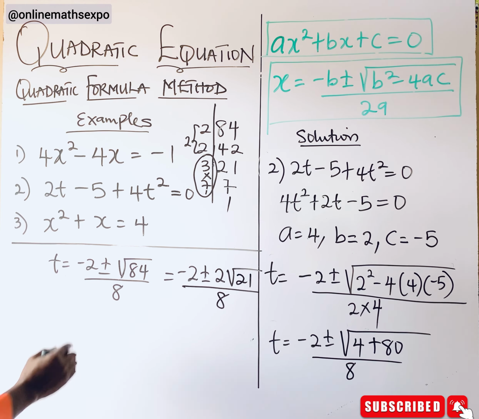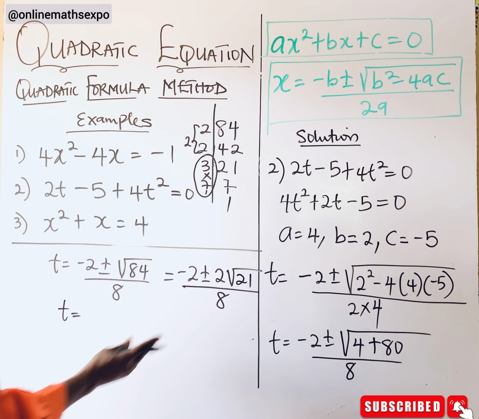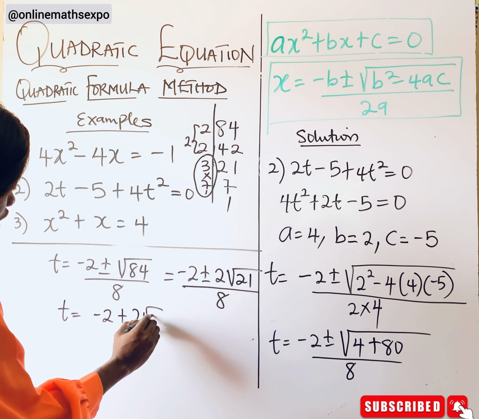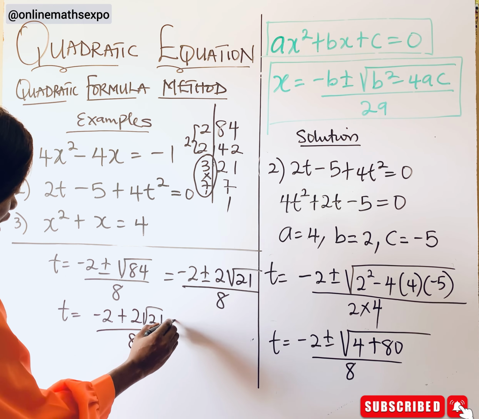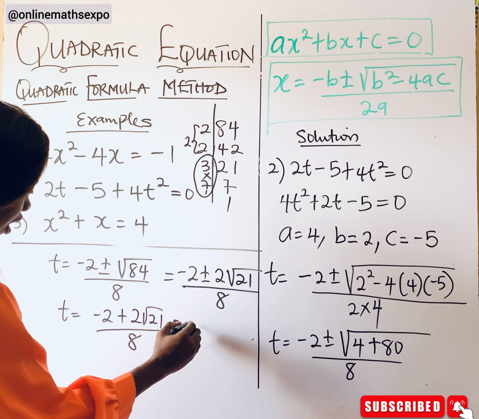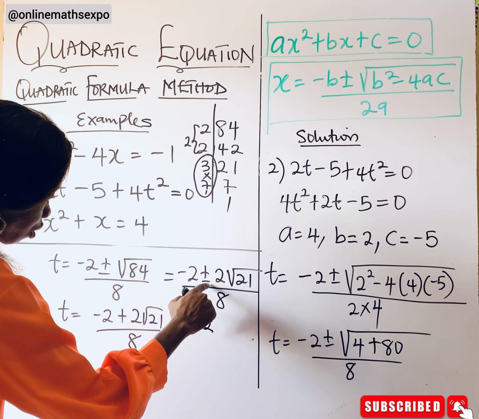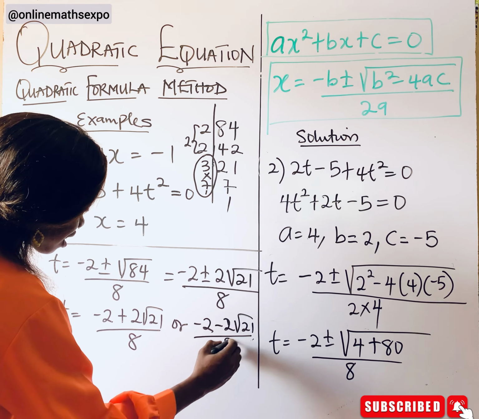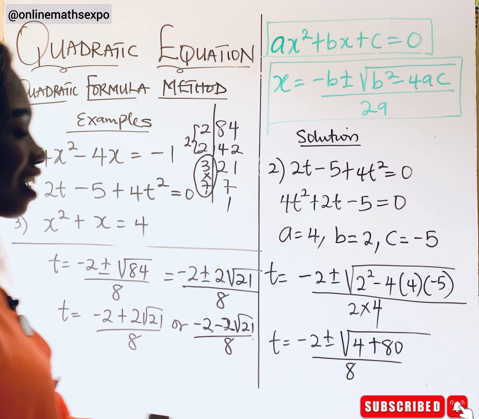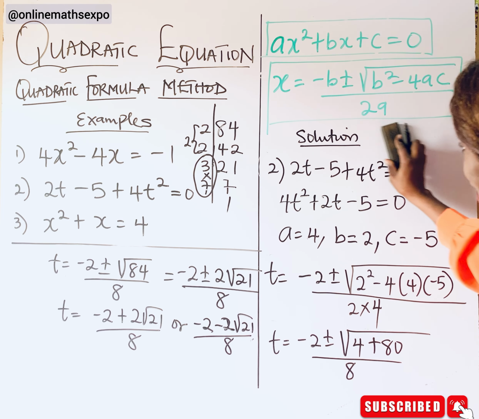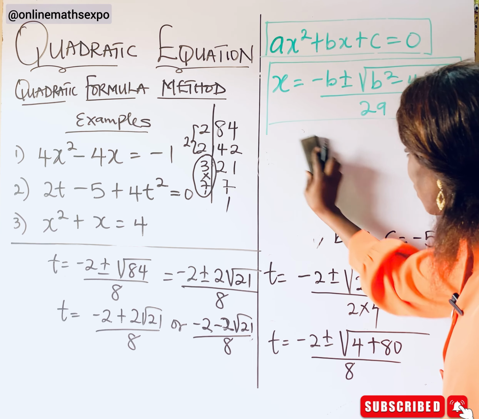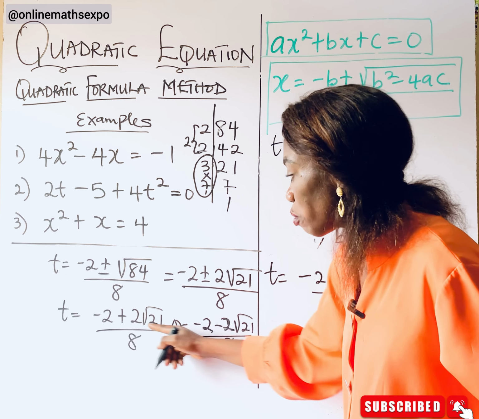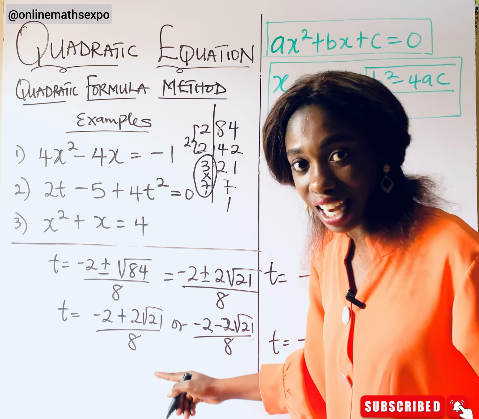You see? So we're having t equal to, we can now split it to have negative 2 plus 2 root 21 over 8, or you take the negative, negative 2 minus 2 root 21 all over 8. So let's simplify. Remember you cannot add these two, they are unlike terms.